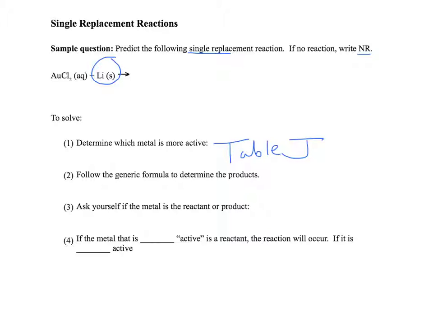The next thing is we're going to go ahead and write out our generic formula to determine the products. So our generic formula for single replacement reactions is going to be the following. It's going to be AB plus C yields. In this case, since we have gold and lithium, which are both metals, we'll switch A and C. So A plus CB.